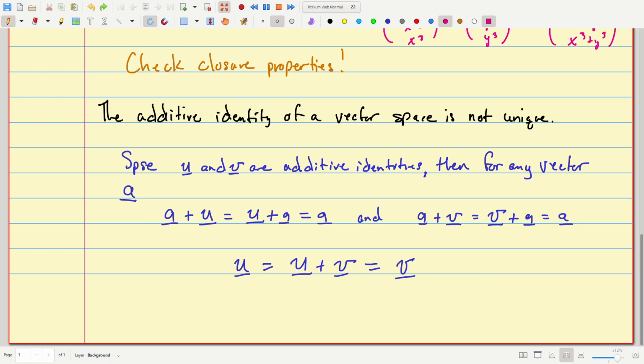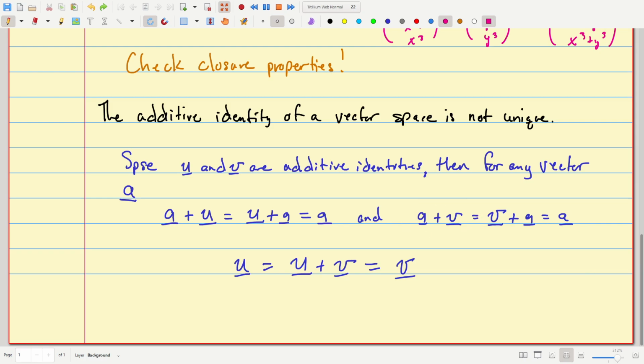Okay. So for the first part, I'm using this equation here. U is A, and then I add V to it, but V is the additive identity, so U plus V is equal to U, right?